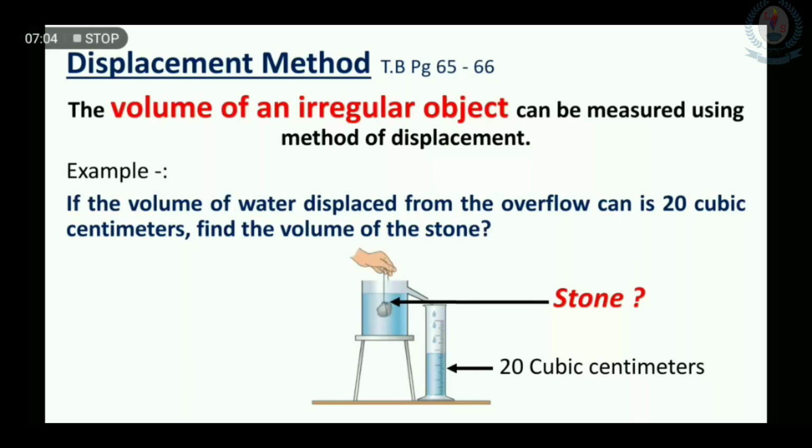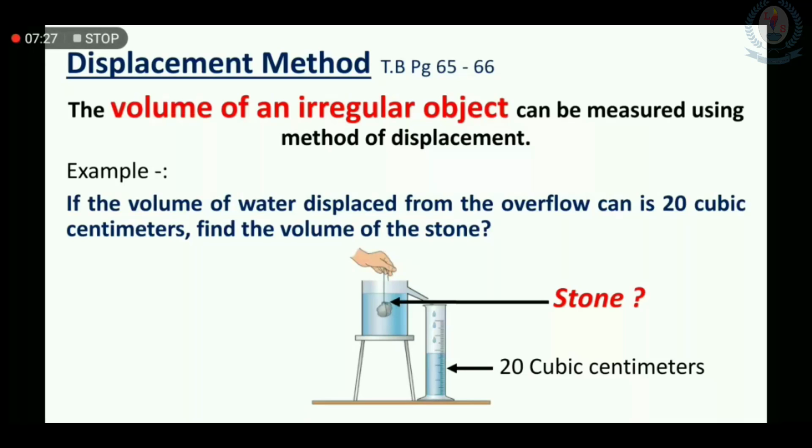So we have already discussed how the displacement method is done using this apparatus. Now tell me, what is the main importance of this displacement method? I mean, why is it conducted? To find what?